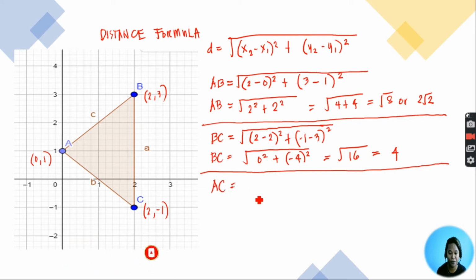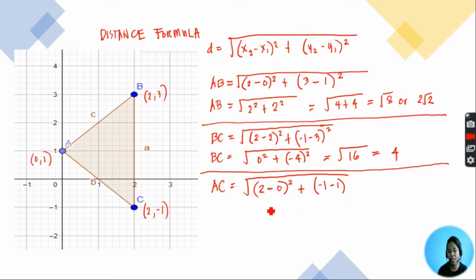And take note that we are going to use x sub 1, y sub 1 of point A and x sub 2, y sub 2 of point C. So x sub 2 natin is the x coordinate of C, so 2, and the x coordinate of A is 0, squared, plus the y coordinate for our point C is -1, and the y coordinate for our point A is 1.